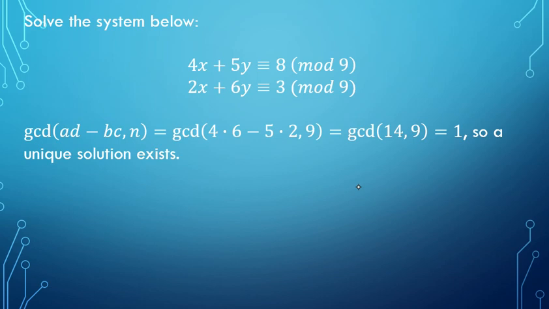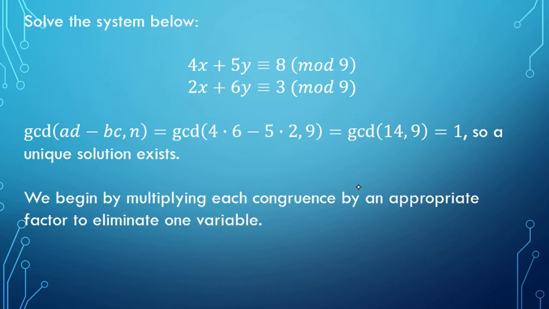We're going to multiply each congruence by an appropriate constant so that we can remove one of x or y, and then we will subtract one from the other. That's what will actually clear out the x or the y. Then we have a single linear congruence in terms of the remaining variable, which we can then solve.